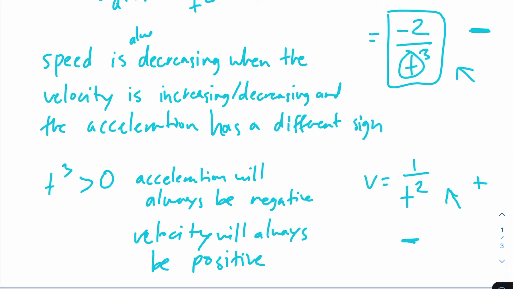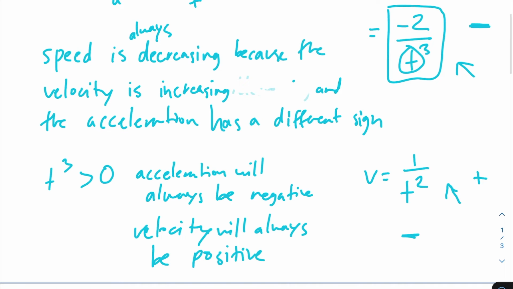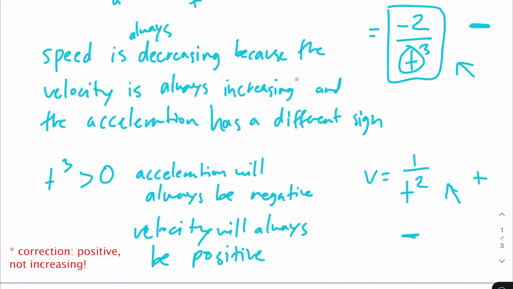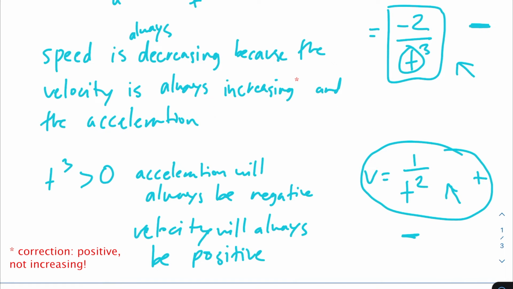So we can add that in. Speed is always decreasing because the velocity is always positive, and the acceleration is always negative for t greater than 0.